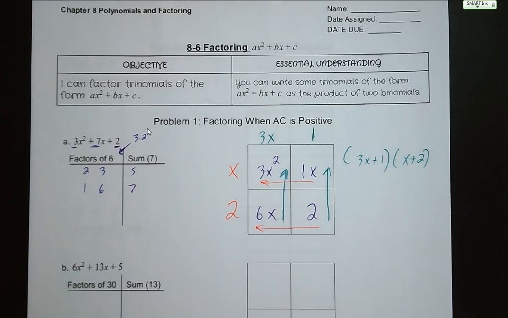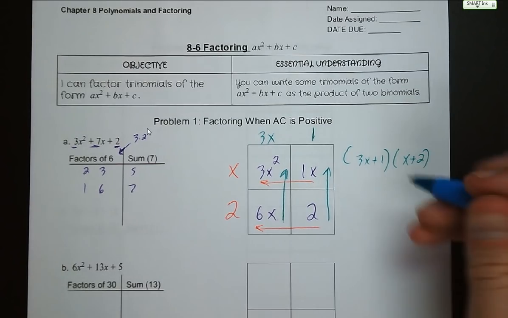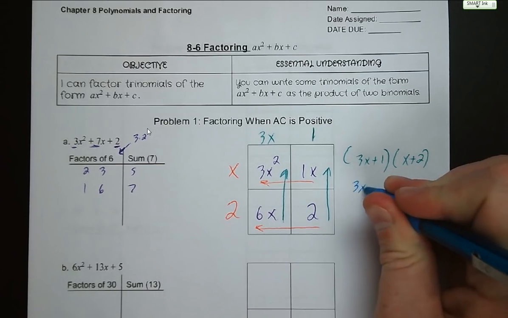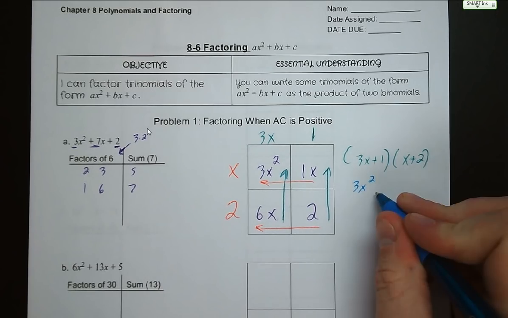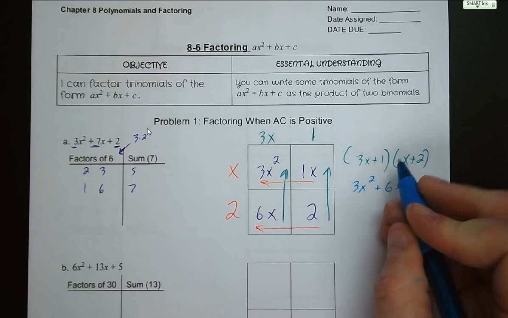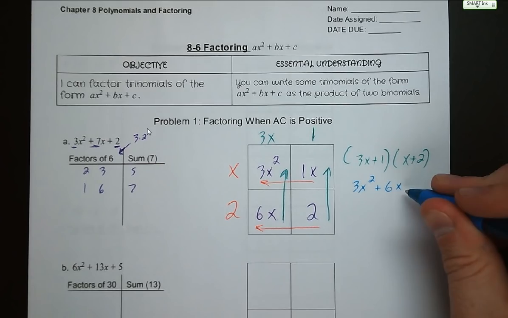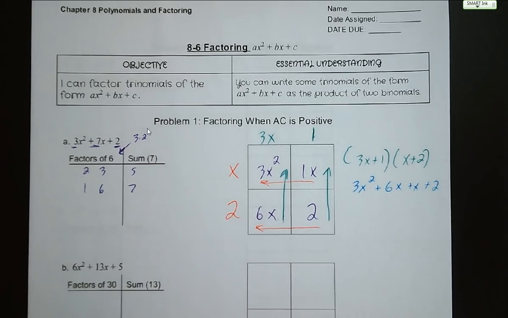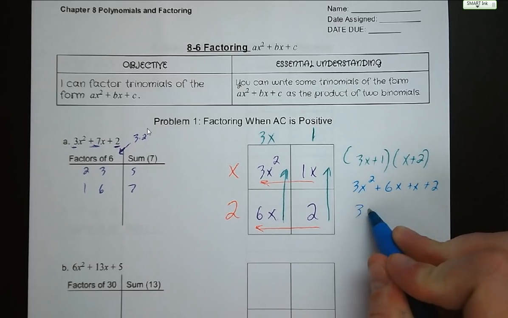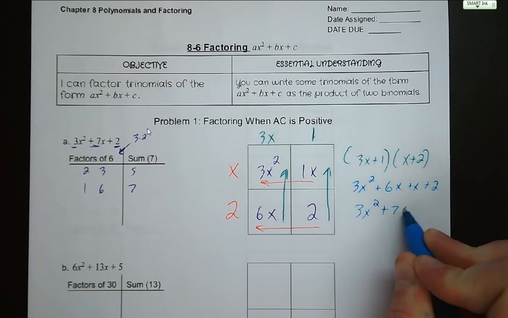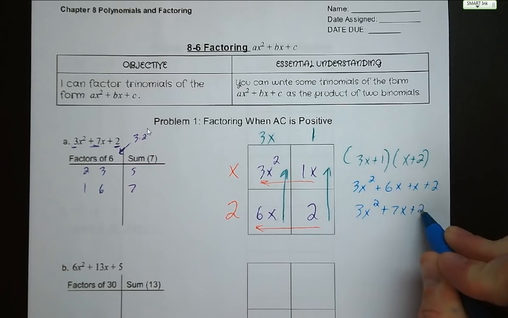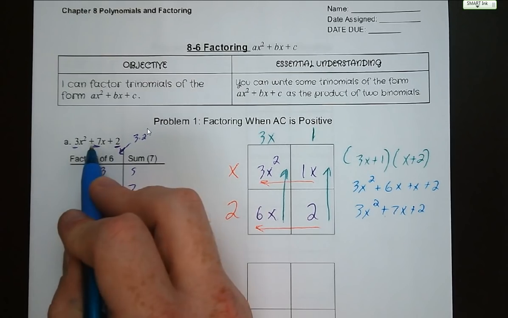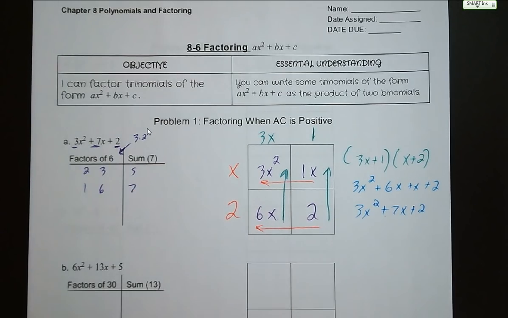And if you wanted to, you could FOIL it and double check. So let's do that. 3x times x is 3x squared. 3x times 2 is plus 6x. 1 times x is x, and 1 times 2 is 2. That gives 3x squared plus 7x plus 2, which is identical to what we started with. So we know our answer is going to be correct.